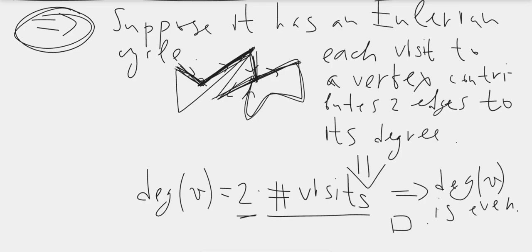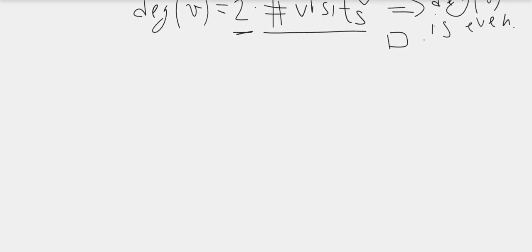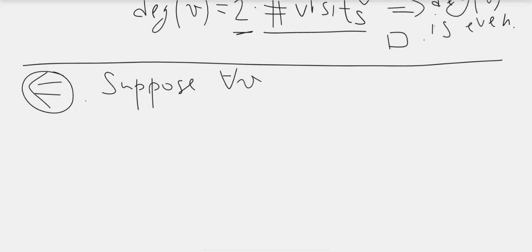Now let's consider the proof in the other direction. Suppose that for every vertex v, the degree of v is even.